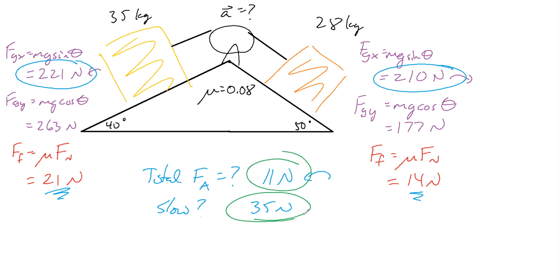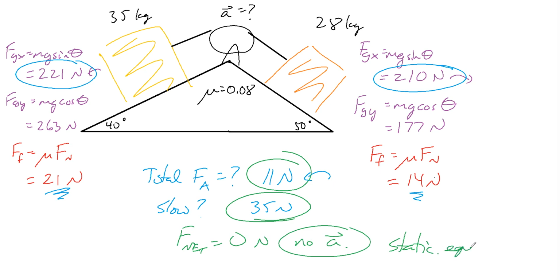There's no way. So friction is easily going to cancel this thing out, which means my net force is going to be equal to 0 newtons, and of course then there's going to be no acceleration. So this thing would be in static equilibrium because there just is not enough overall applied force in order to compensate for all the friction that's involved.